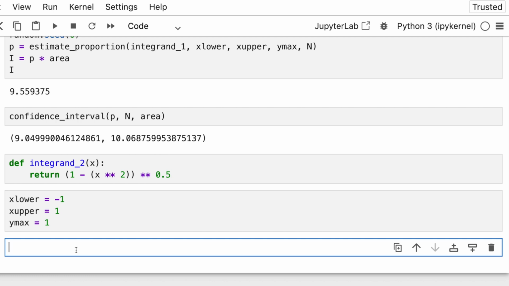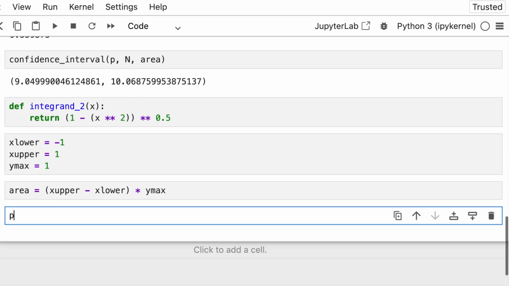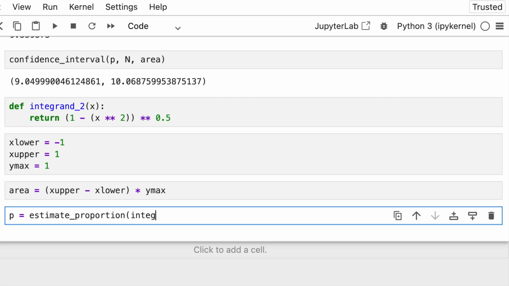We can use the same number of points, 1,000, and now we can work out our sample area, which is again x upper minus x lower times y max. Our proportion now is going to be the function estimate proportion with integrand 2, our new x lower, x upper, y max, and the same value for n.